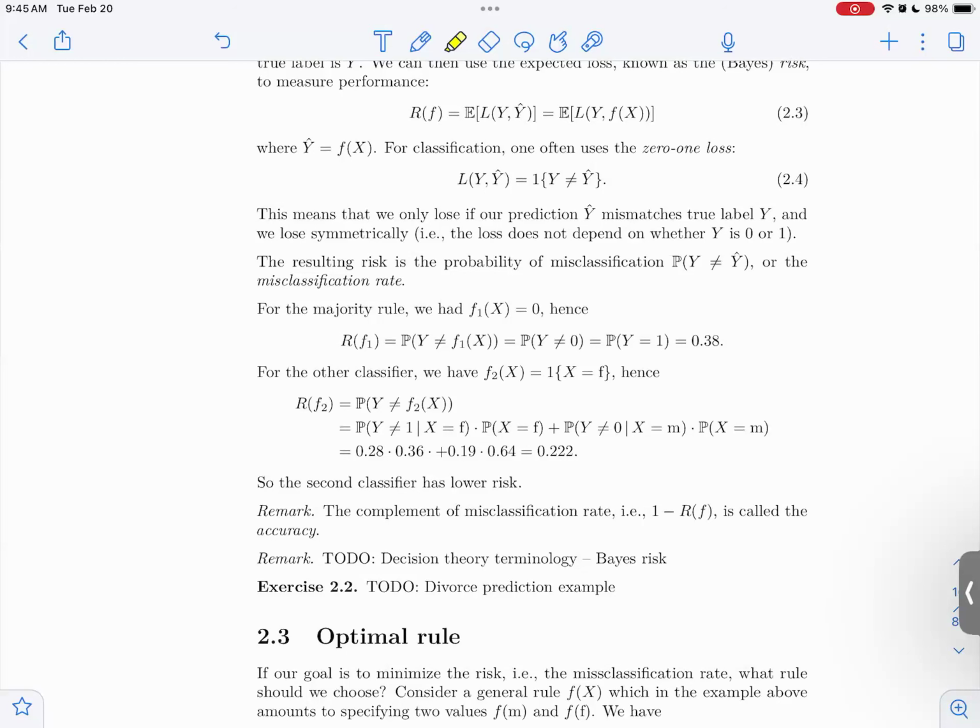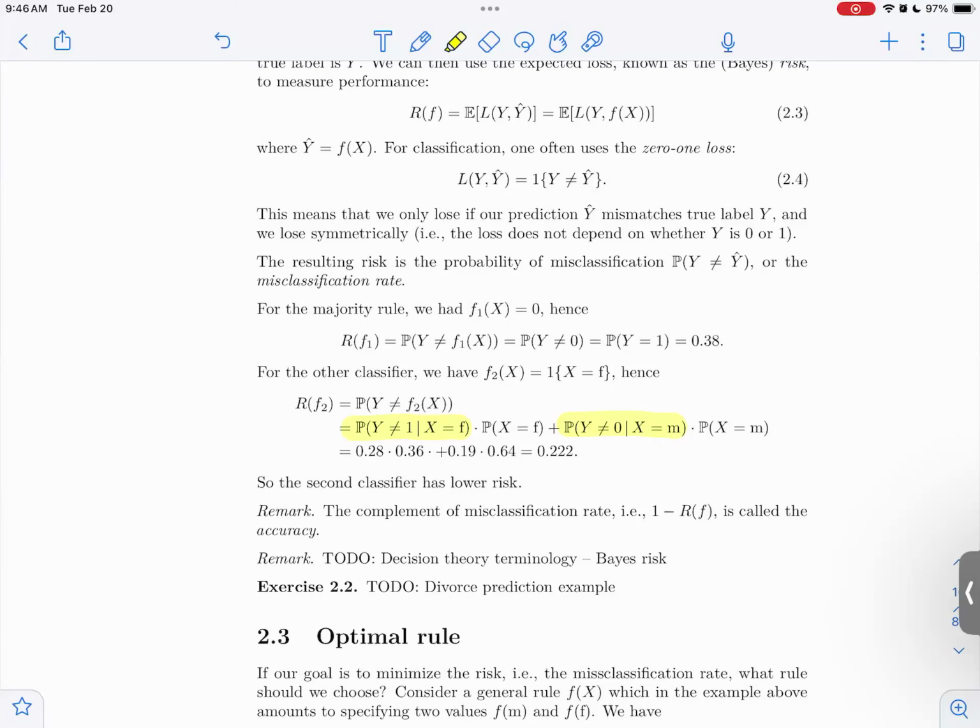So what happens is when you condition on x, there is this piece which I can't control, and then there's this piece which I can control. This piece that I can control is the probability, for example, that y is not equal to a particular decision given x.